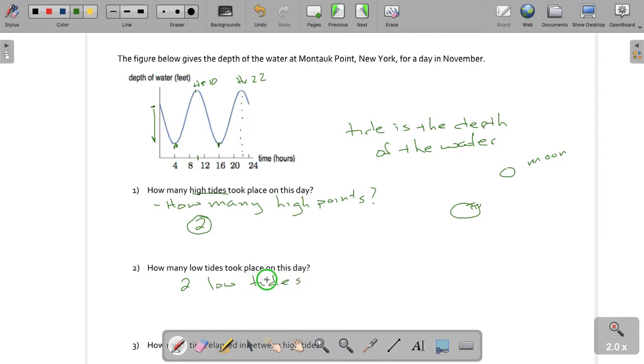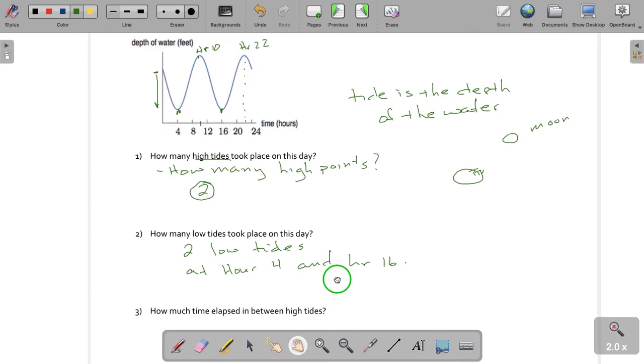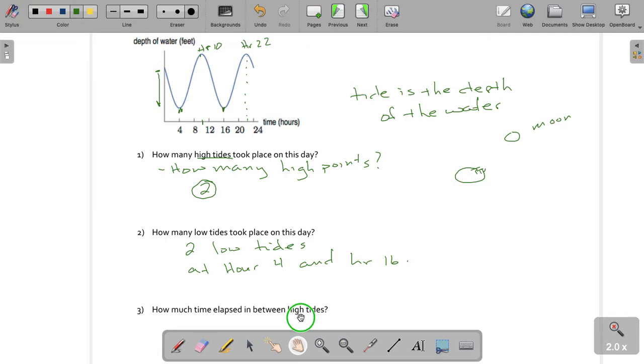And I don't know if Ms. Morrell wants us to label when it happened, so we'd say at hour 4 and hour 16. Okay. How much time elapsed between high tides?